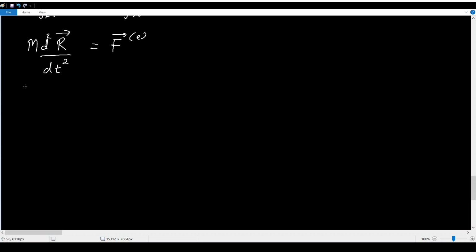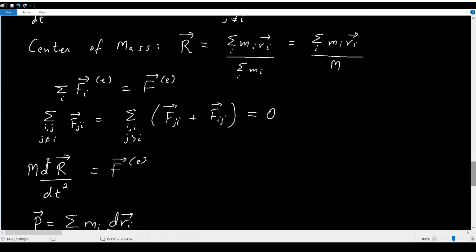Now we can further define the total linear momentum of the system. So now we're not talking about the linear momentum of a single particle, but of the entire system. So the total linear momentum, denoted now capital P instead of small p, is the sum over all the particles of mass times velocity. And velocity, let's just write it as dri/dt. And what is this? The sum of mi ri, that's just this quantity.